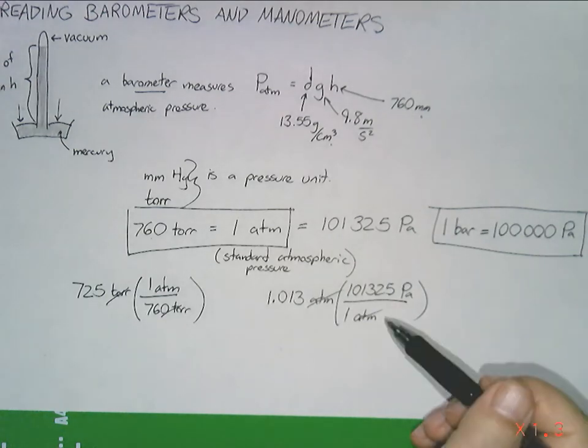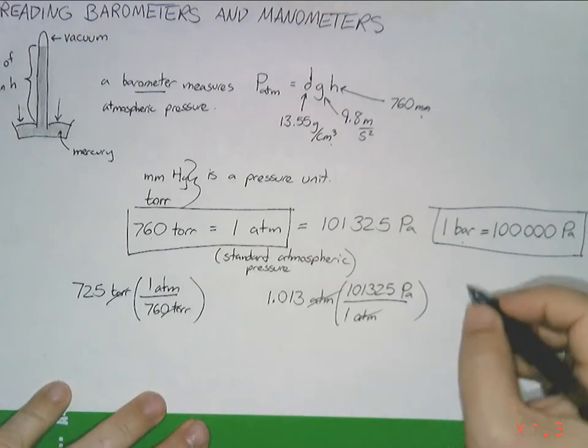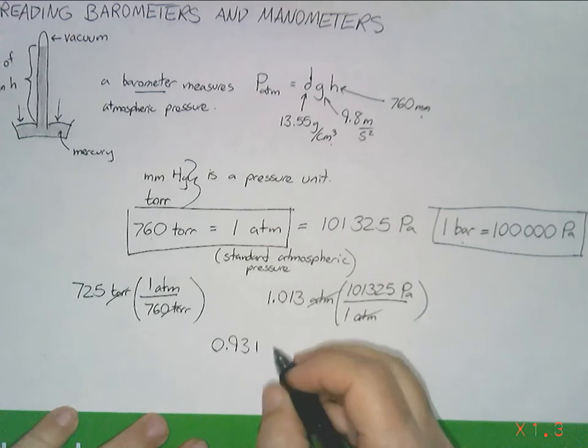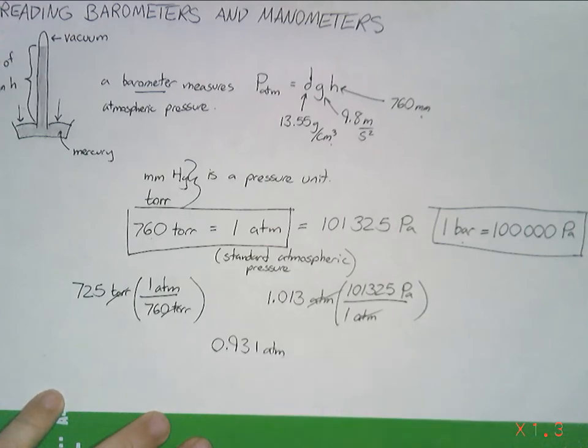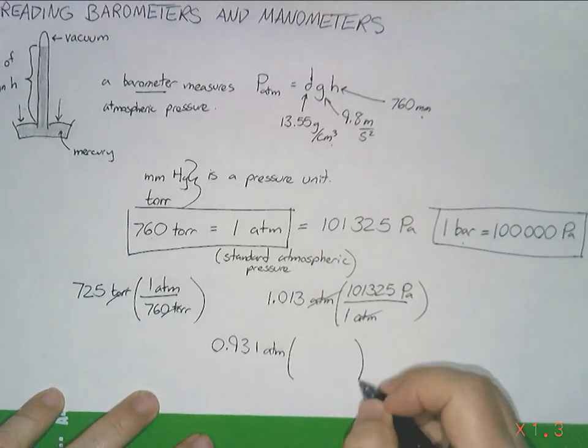But you've got a problem that asks you to convert between bars and atmospheres. Like suppose I had 0.931 atmospheres, which is close to atmospheric pressure in pascal, and I wanted to turn it into bars.